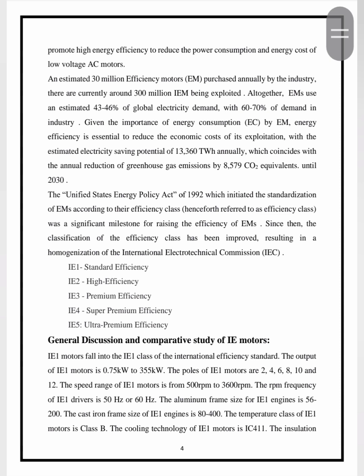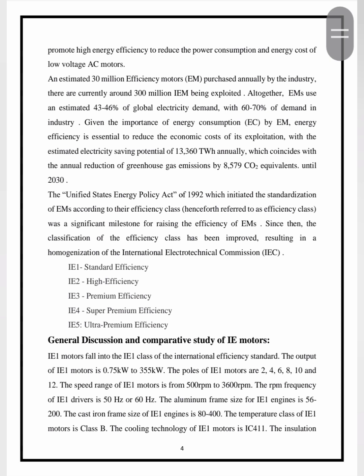The aluminium frame size for IE1 motors is 56 to 200. It is the size of the frame. Cast iron is the raw material of the other frame, and its size range is 80 to 400.